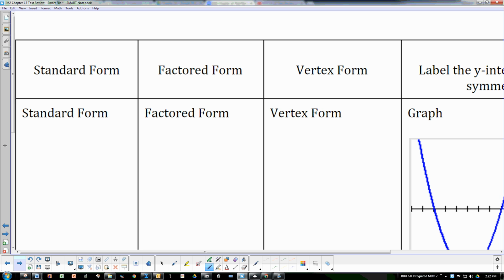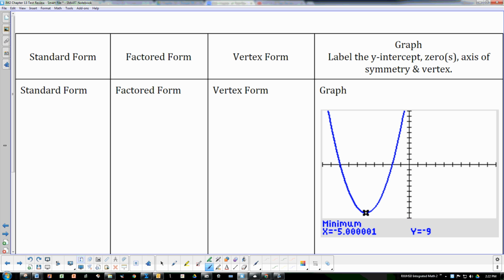Here is our next one, and you'll notice I have not given you the standard form, factored form, or vertex form. I've just given you the graph. Now, on the printed version, I did say we're going to let the dilation factor, which you know is a, equal 1 on this one and make it a little bit easier for us.